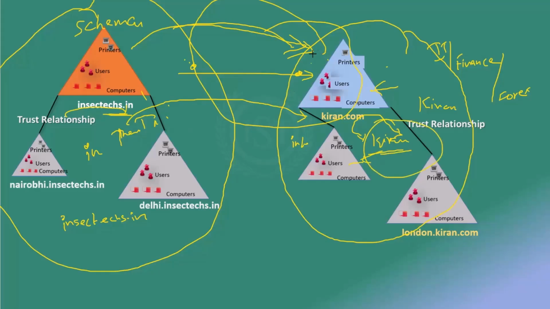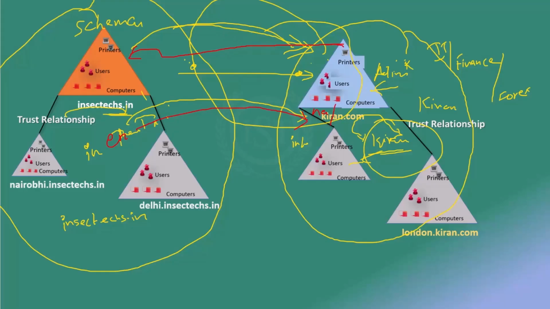Yes, this can be achieved if the admins of Kiran's company create an explicit trust relationship. Then the employees from INSECTECHS company can access files, folders and network resources on Kiran company.